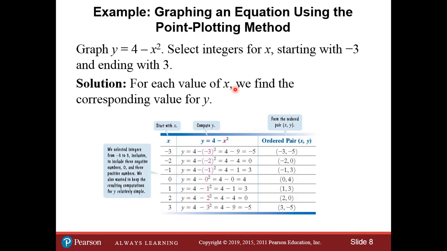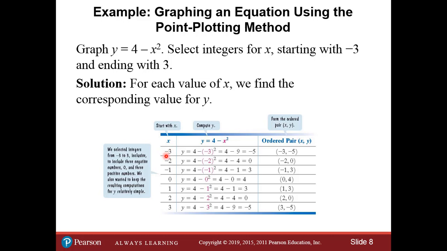Here, if we want to graph this equation or this relationship, we select integers for x. We basically select a bunch of integers for x, plug in each value of x into the equation, and see what value of y we get. For example, they start with -3.